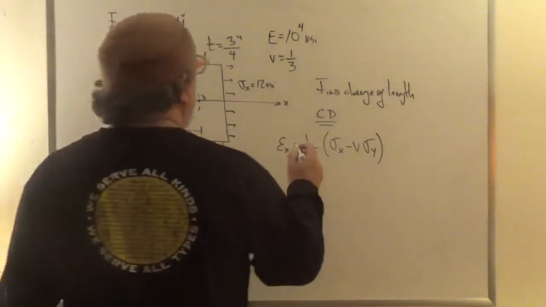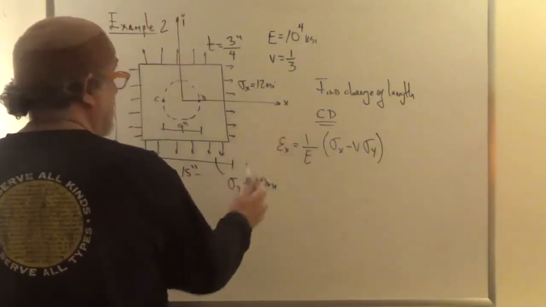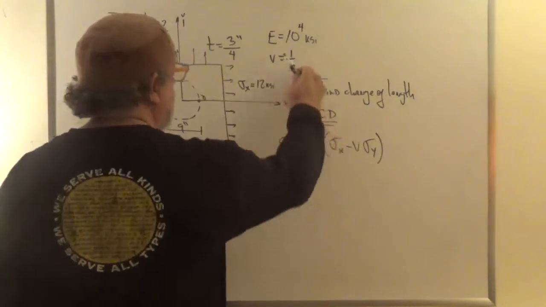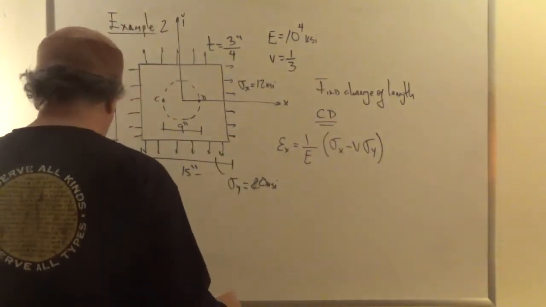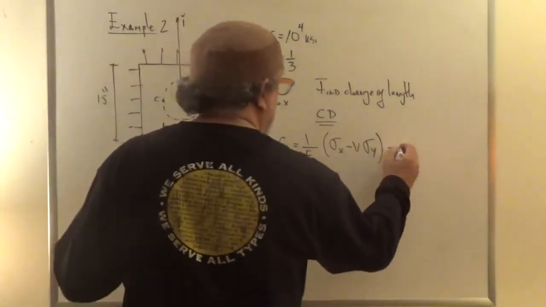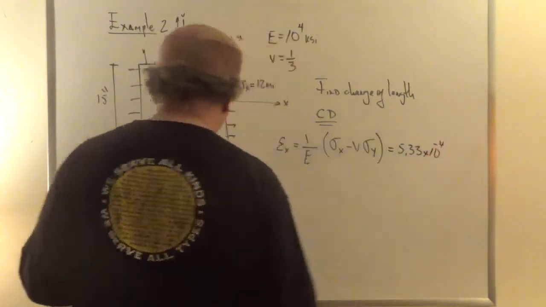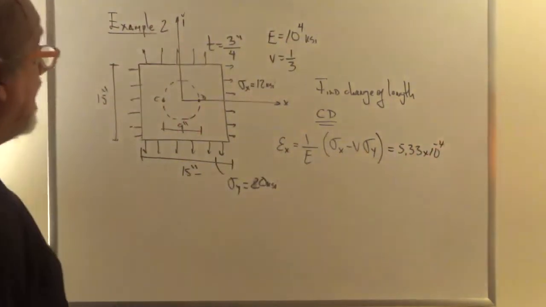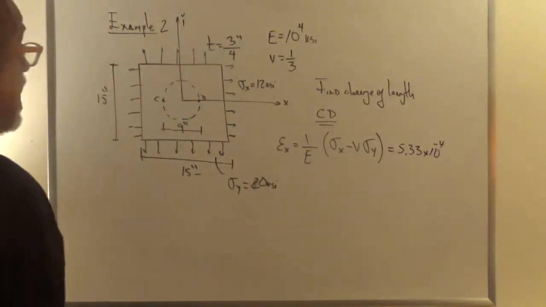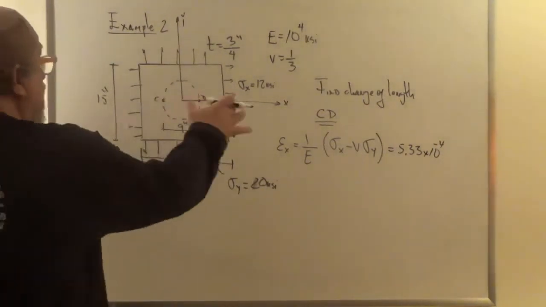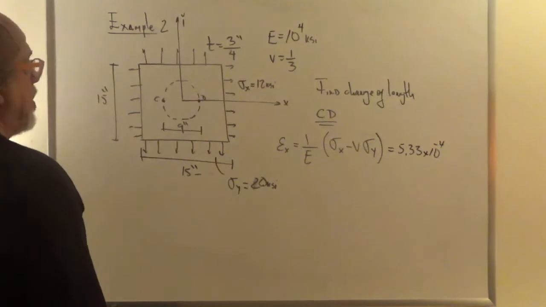Then what do I have? I have sigma x is 12, sigma y is 20, nu is equal to 1/3. I plug it in and I get 5.33 times 10 to the minus 4. Right? That's the strain in the x direction. Now, if that is the strain in the x direction, how much does the diameter CD change?